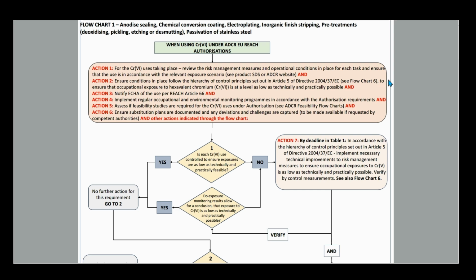This is Action 2. As a reminder, the hierarchy of control principles are also provided in the flowchart 6 and will be shown at a later stage in this presentation.